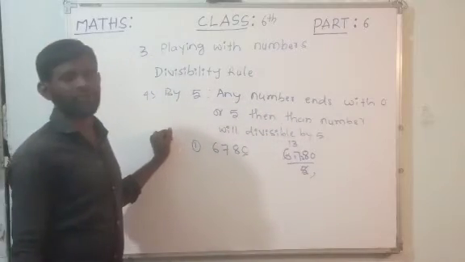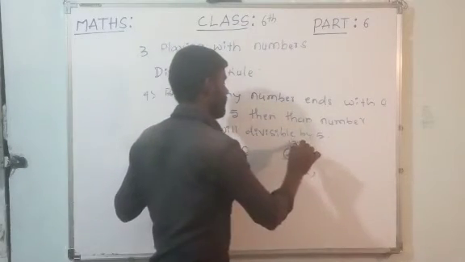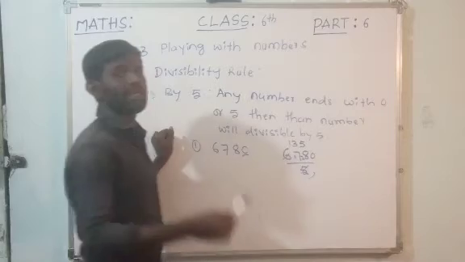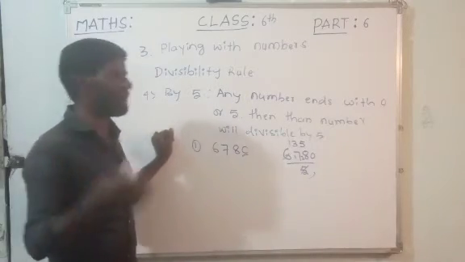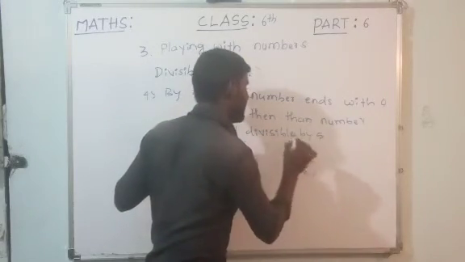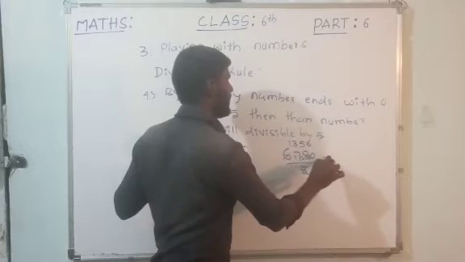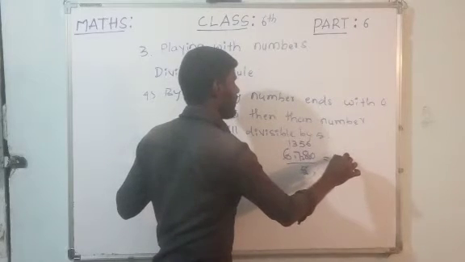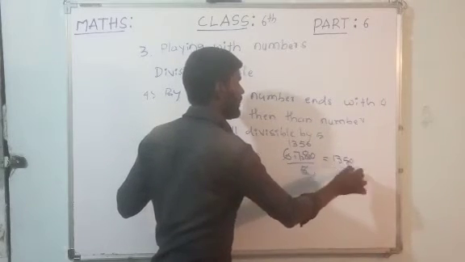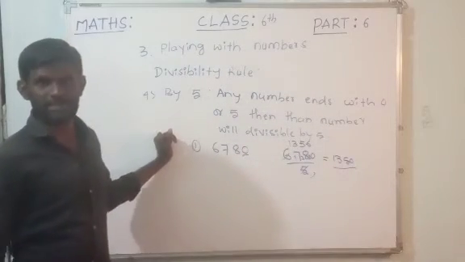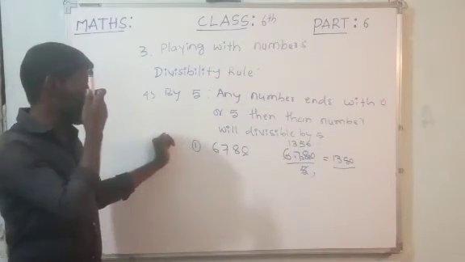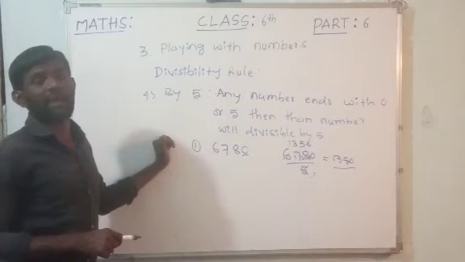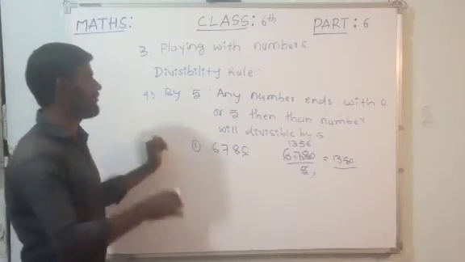Then 5 fives are 25. 28 minus 25, 3 is left out. That will be 30. 5 sixes are 30. Dear children, the quotient is 1350 and the remainder is 0. It means that 6780 is perfectly divisible by 5.